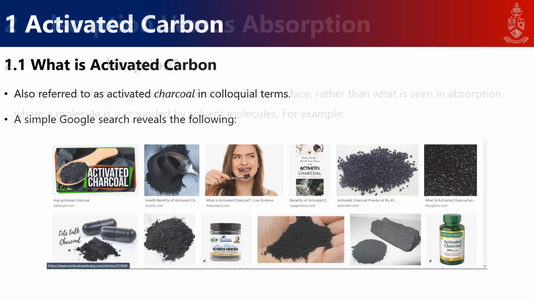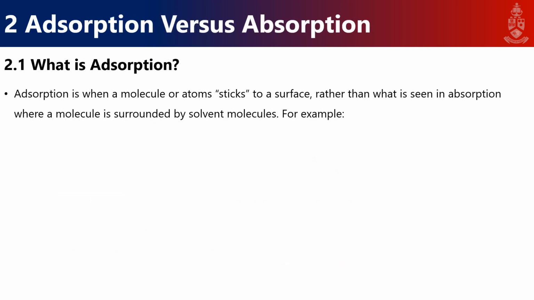Now, you might have thought the first time you looked at the experiment that there was a typing mistake throughout the experiment, but technically, there's adsorption and there's absorption in chemistry. So let's start with absorption, AB.